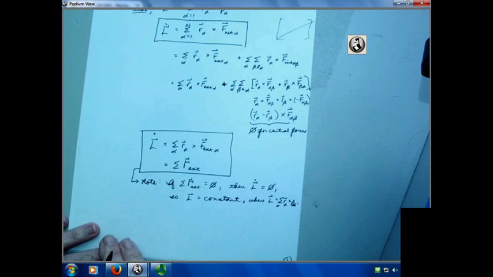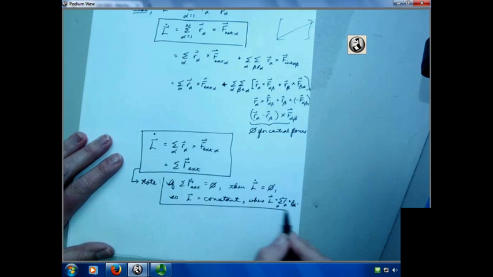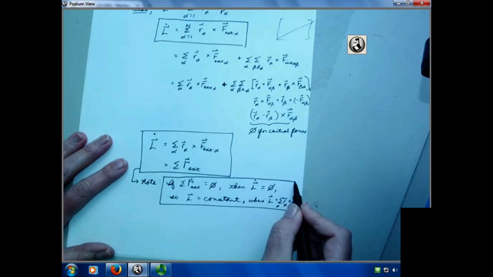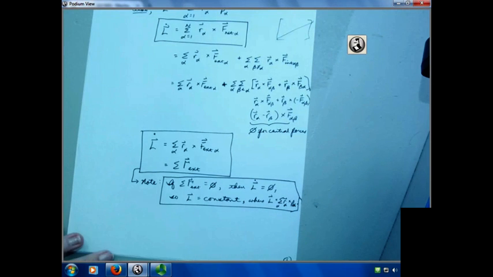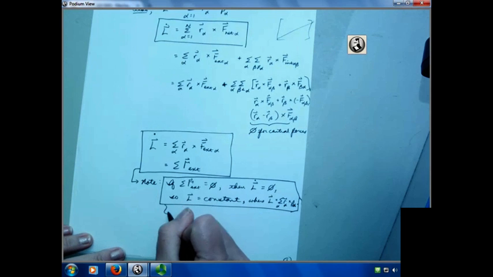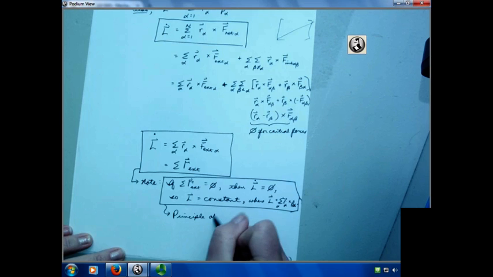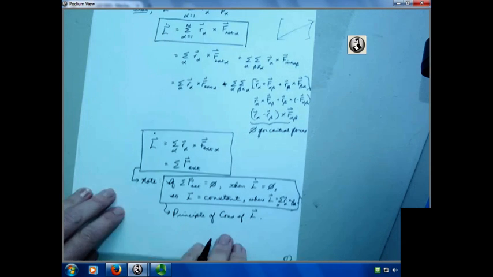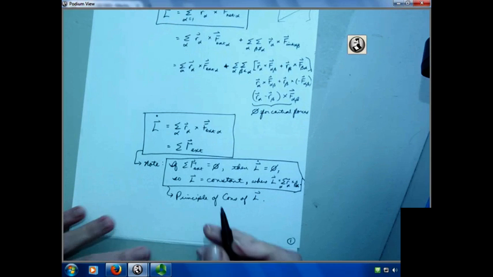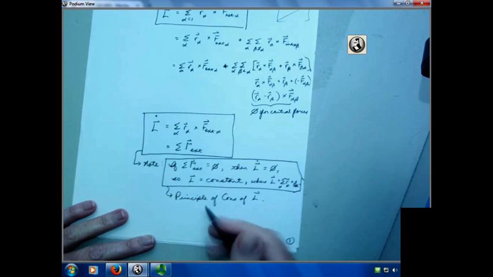Okay, so that's the conclusion that I wanted to draw. I'm going to put a box around it as well because it has a name. That is the principle of conservation of angular momentum. And what that means is that since L is equal to a constant, at all later times it will be equal to what it was at an initial time.